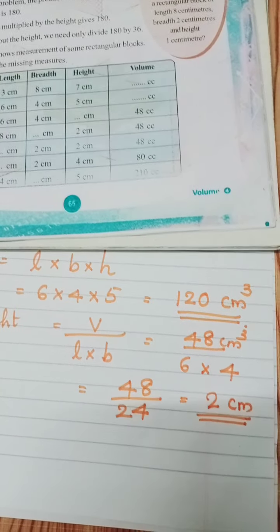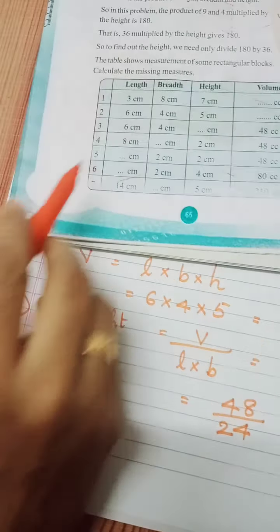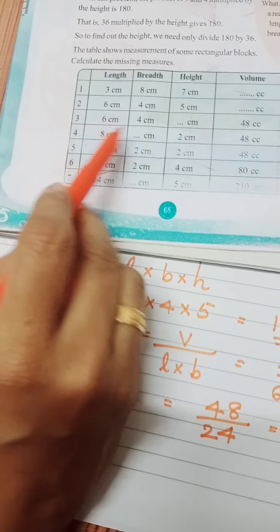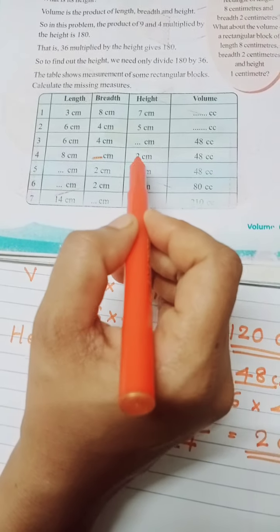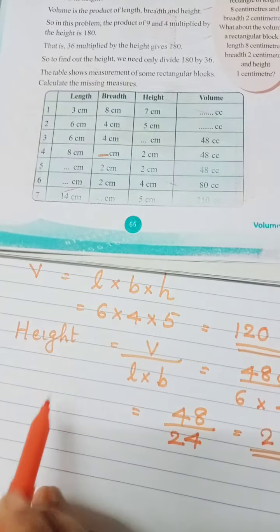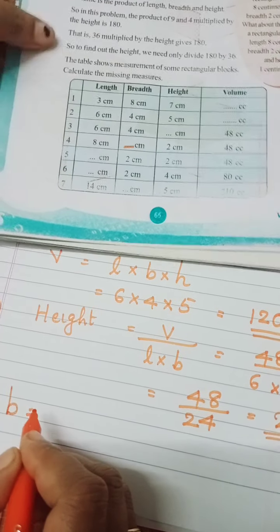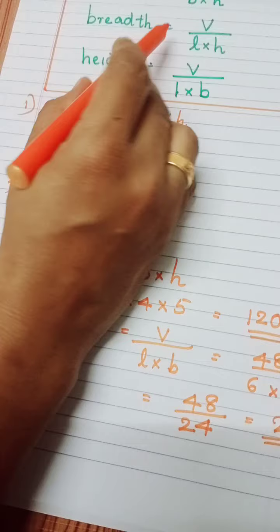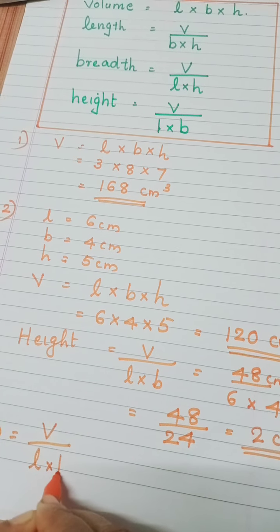Hope you understood this question. Now let's do the fourth question. What is the fourth question? Length is given, breadth is not given. You are asked to find out the breadth. Height is 2 centimeter and the volume is given. Then how will you find out the breadth? Breadth is equal to volume by length into height.